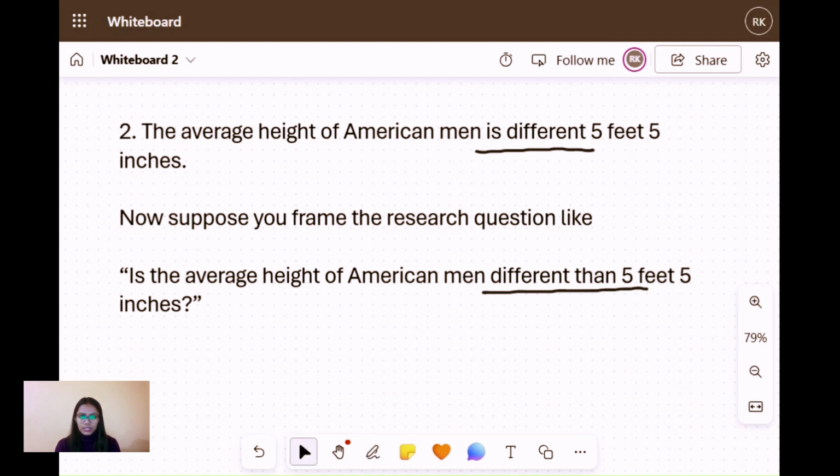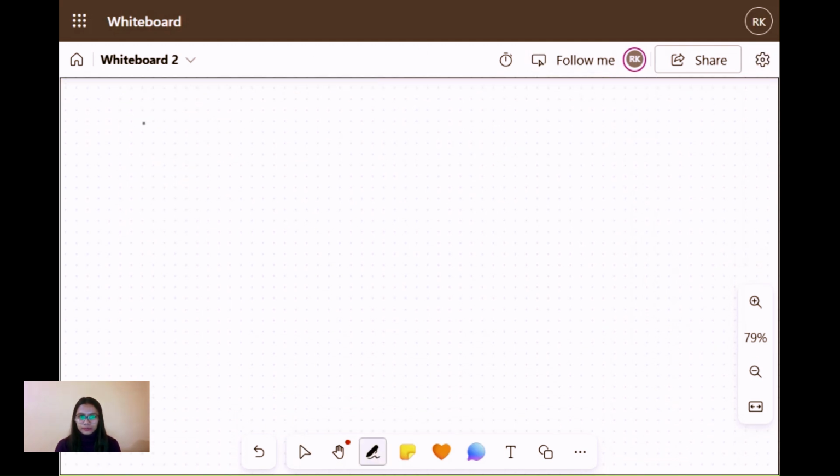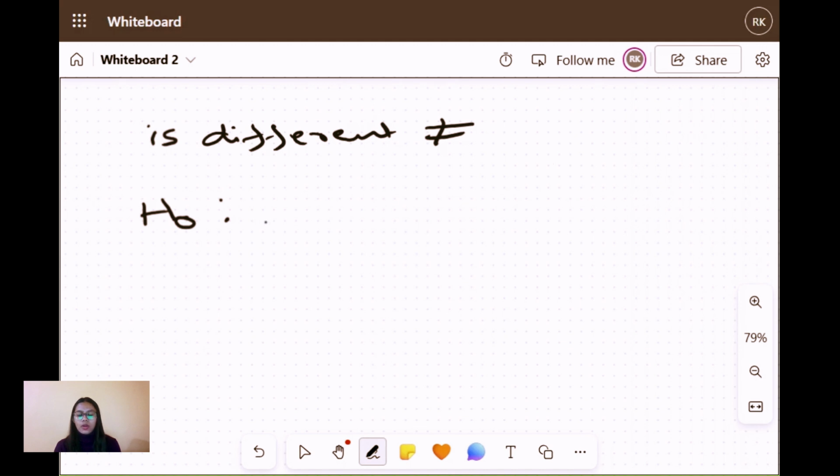So is different is indicating the not equal to sign. Okay, so how can we frame the same null hypothesis and alternative hypothesis? It is the same as before: mu equals 165 centimeters, and the alternative would be mu not equal to 165 centimeters.